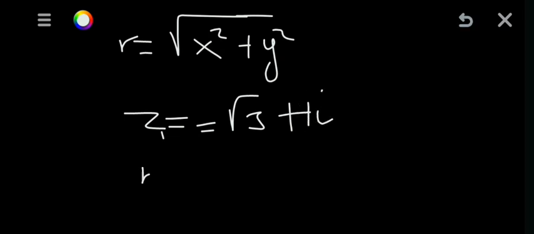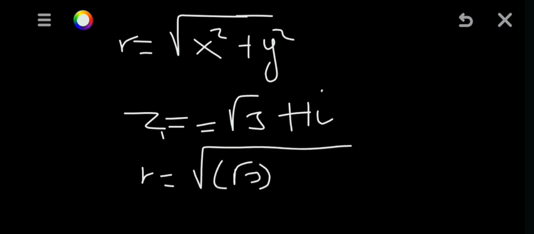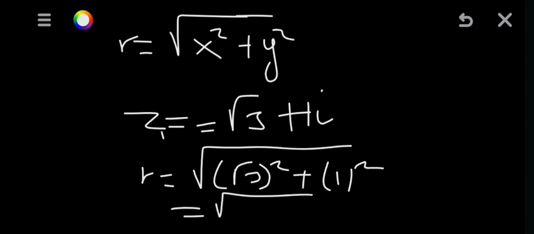So r is equal to root of root of 3 squared plus 1 squared. What is root of 3 squared? We get 3. Then 1 squared, we get 1. So 3 plus 1, we get 4.